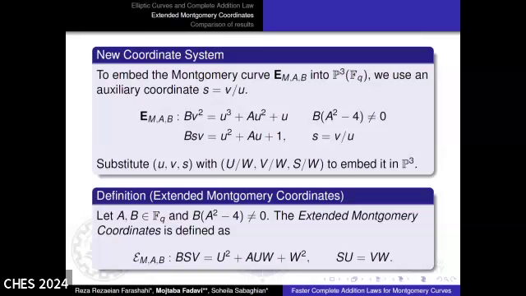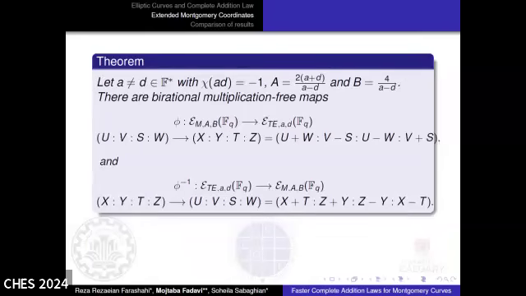Now, what's the advantage of working with these coordinates? Its advantage is that, as you see, if you consider these coefficients for twisted Edwards curves and Montgomery curves, there is a multiplication-free map between these two curves. And the other point is that not only is it multiplication-free, but it also has no exceptional points.